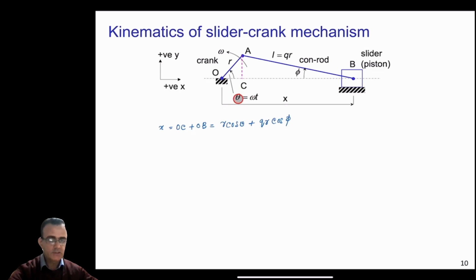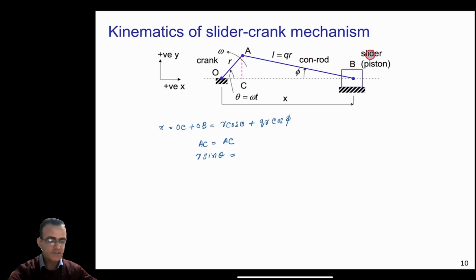For this, because we know that AC is equal to AC, if you consider this triangle on the left hand side, the AC can be calculated by using R sine theta.